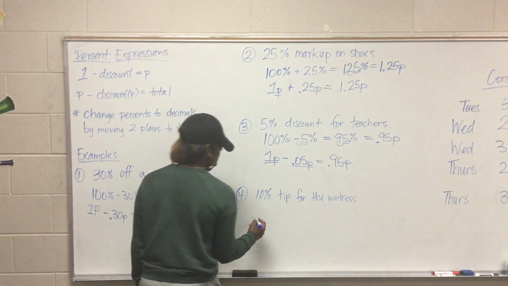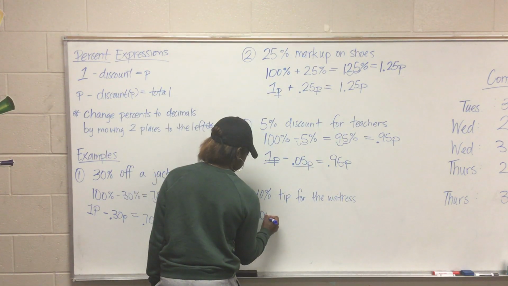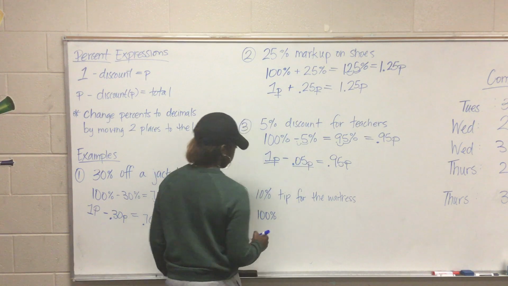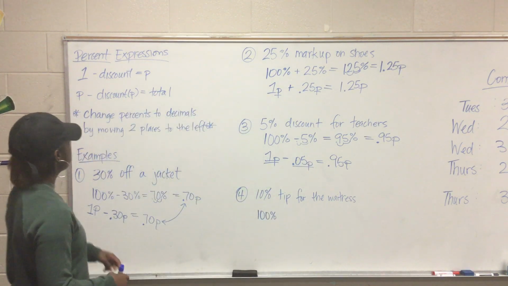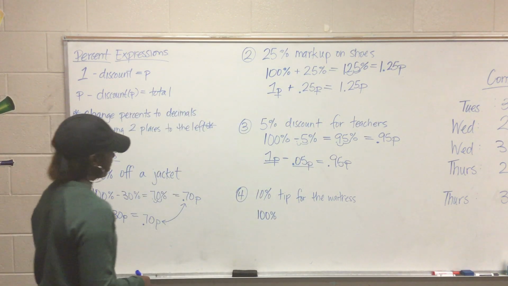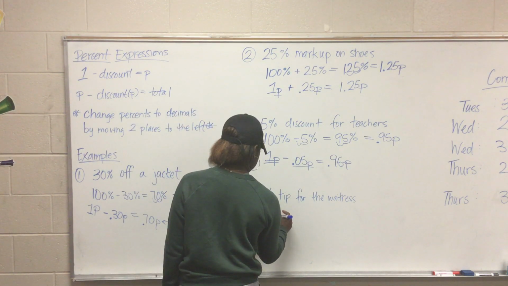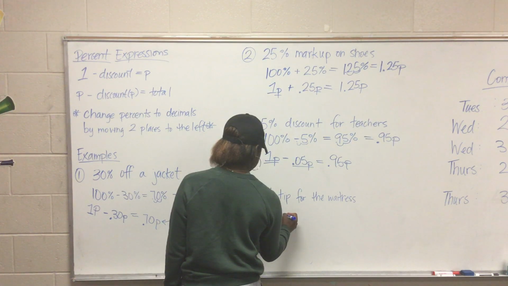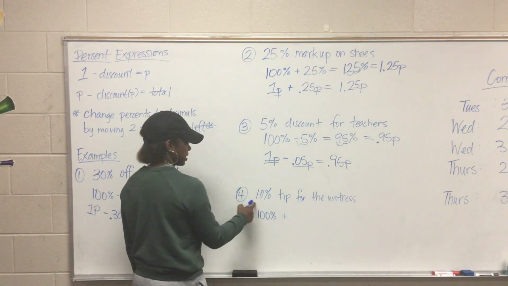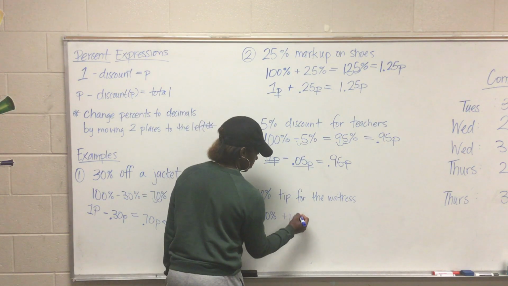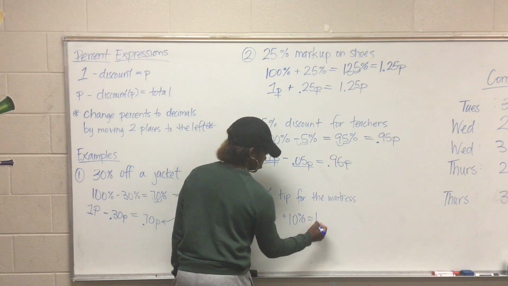So we start with our whole, which is 100%. Tip, we know we have to add. Then we're adding what? The 10%, which will give us 110%.